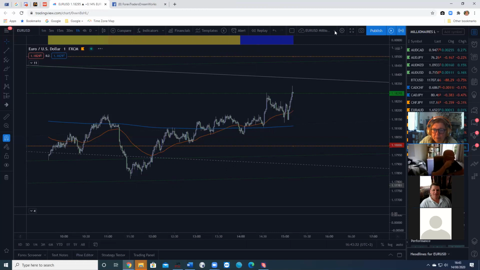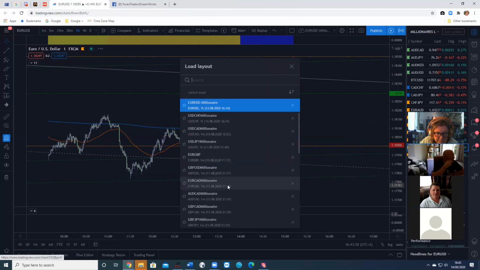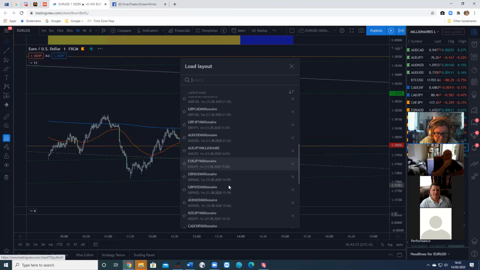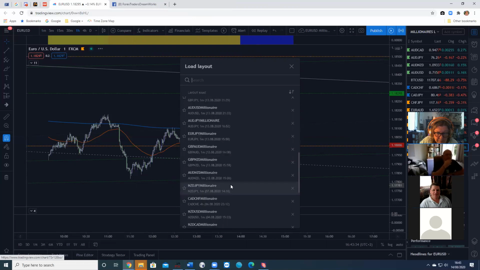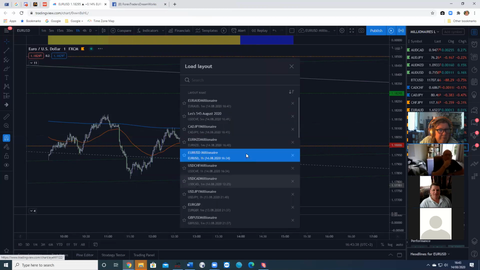Let's try and load the chart again. Euro USD. Close that one.